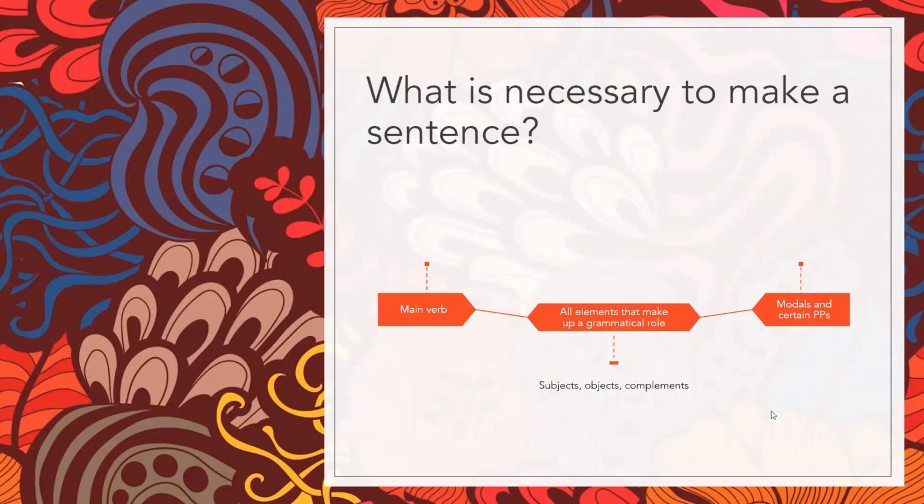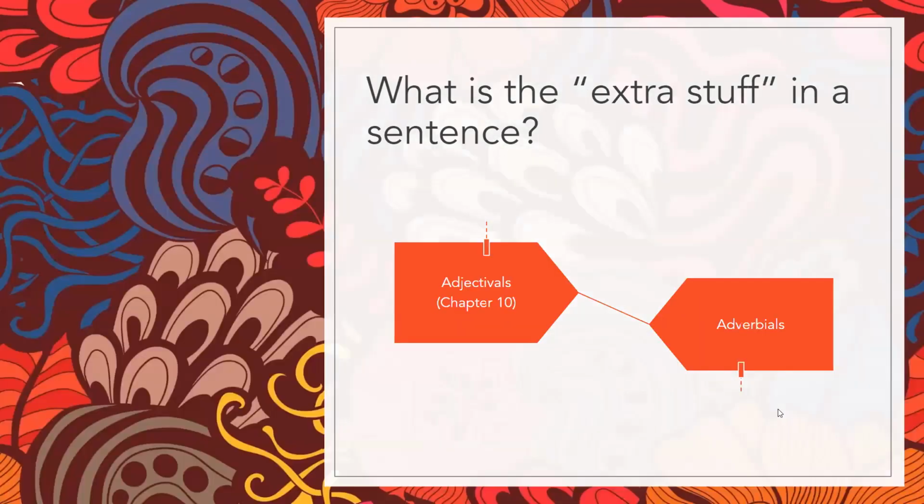And we saw in chapter 7 that there are a lot of kinds of prepositional phrases that are not necessary. So that extra stuff in the sentence, in chapter 7, we looked at adverbials. Adverbials were those adverb phrases, noun phrases, prepositional phrases, infinitive verb phrases, those subordinate clauses. We looked at 5 different types of adverbials.